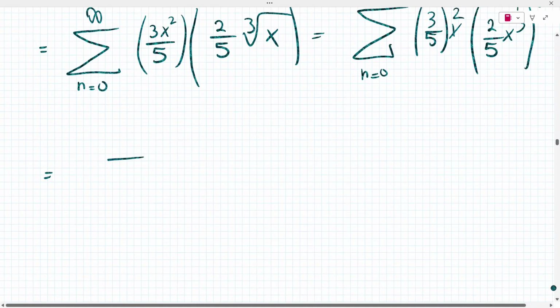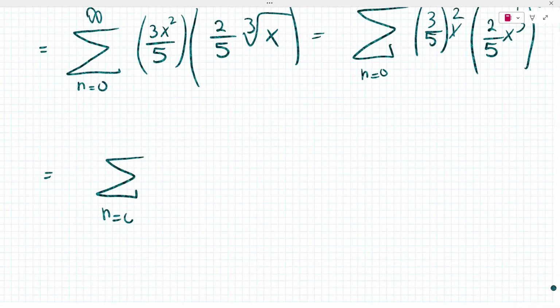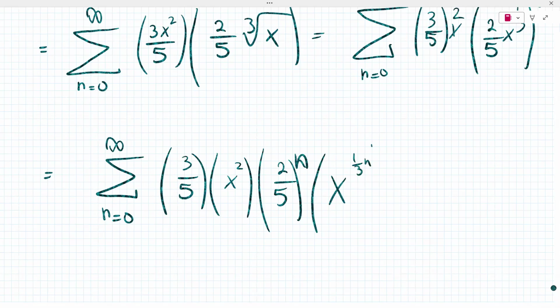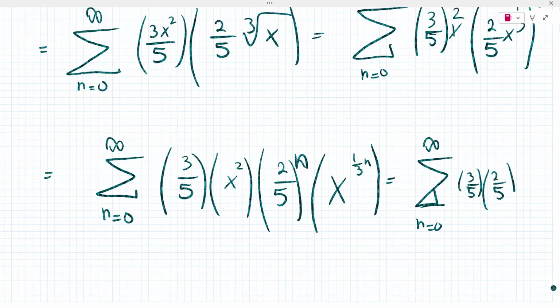We get this summation of 3/5 times x squared times 2/5 raised to the n times x to the 1/3 n, and that gives you the summation n equals 0 to infinity of 3/5 times 2/5 to the n and x to the 2 plus 1/3 n.